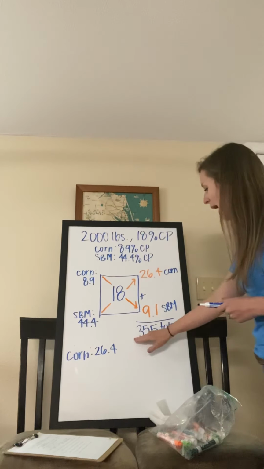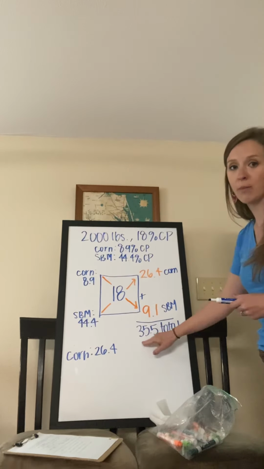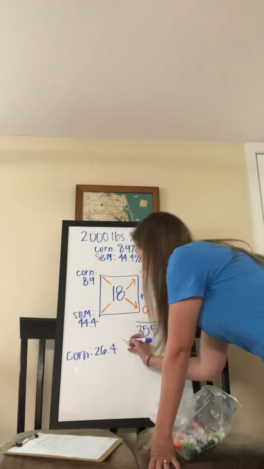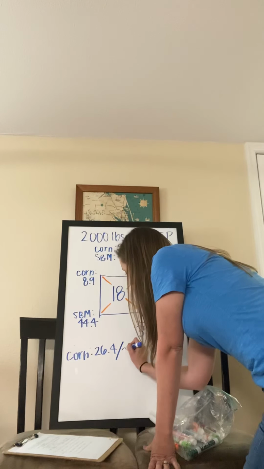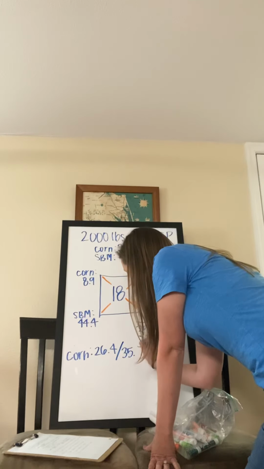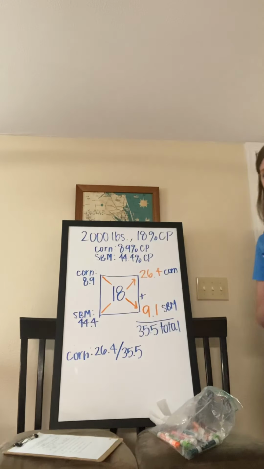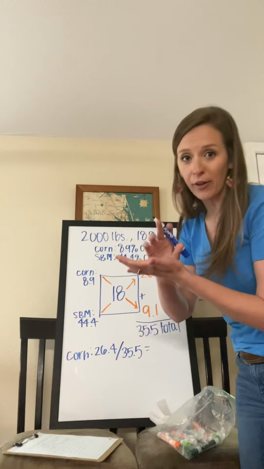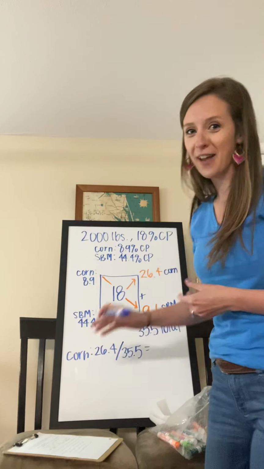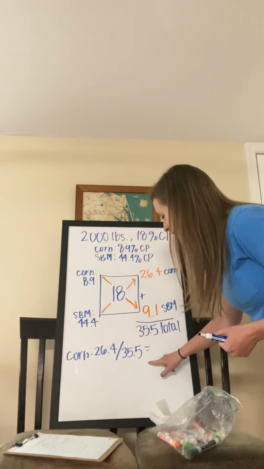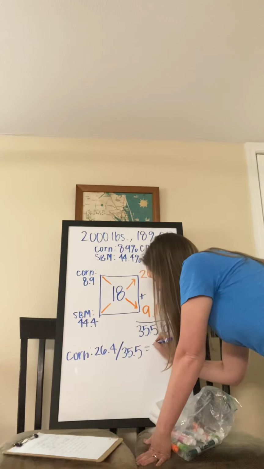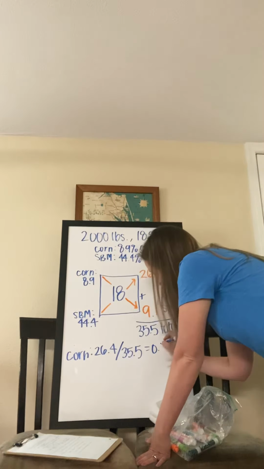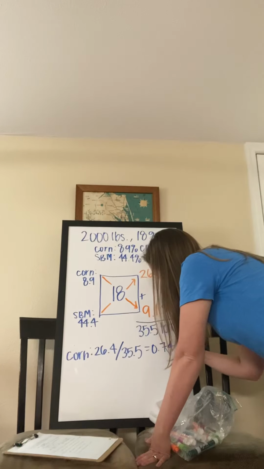And you're gonna divide it by this total number that we just got, 35.5. If you did that on your calculator, which I already have calculated, you're gonna get 0.744.